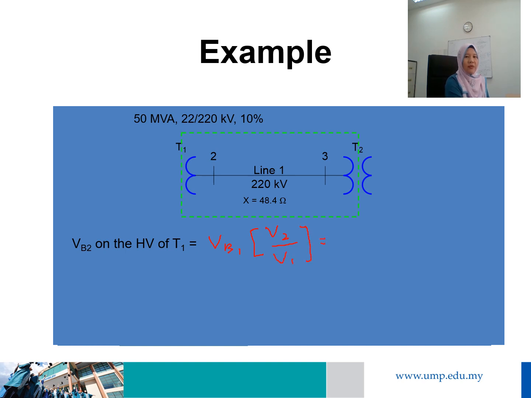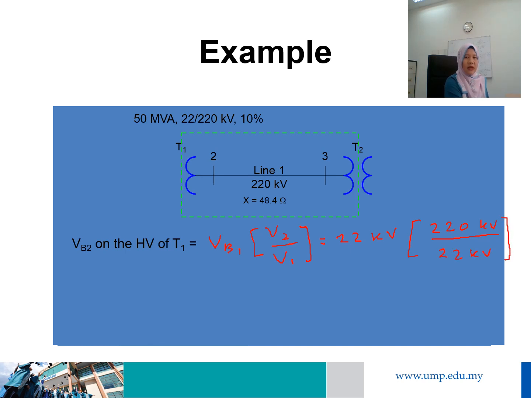We know that V base 1 is equal to 22 kV, the secondary voltage of T1 is 220 kV, and the primary voltage of T1 is 22 kV.